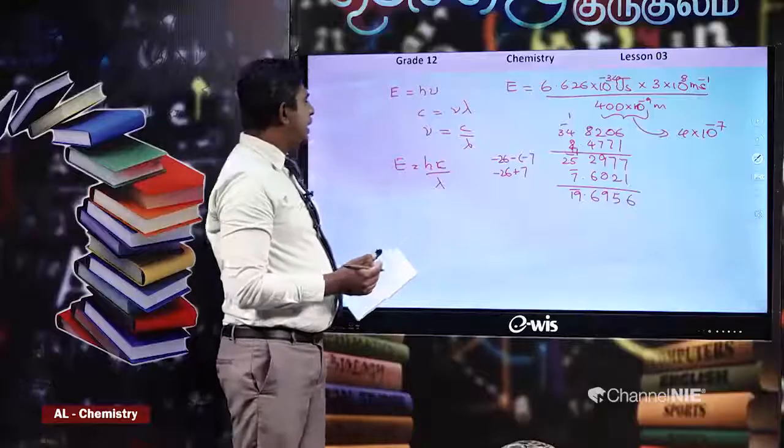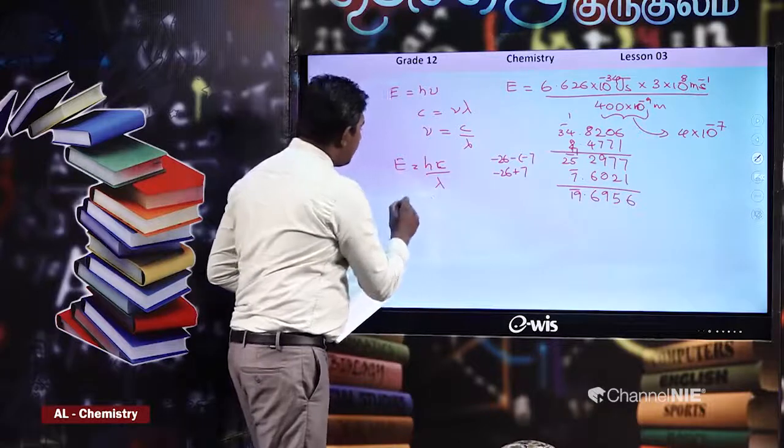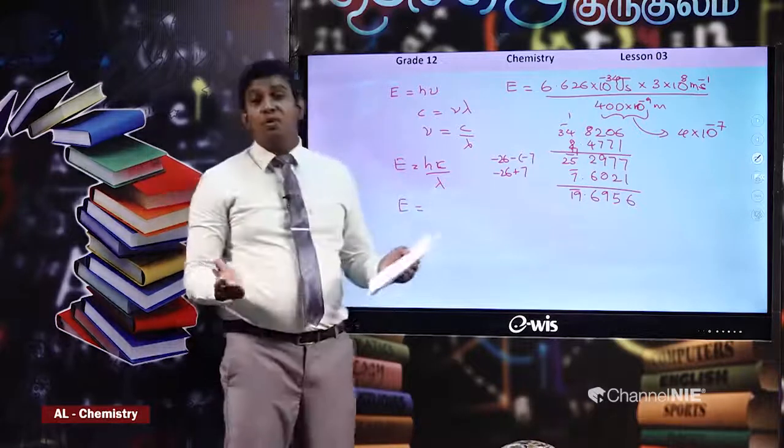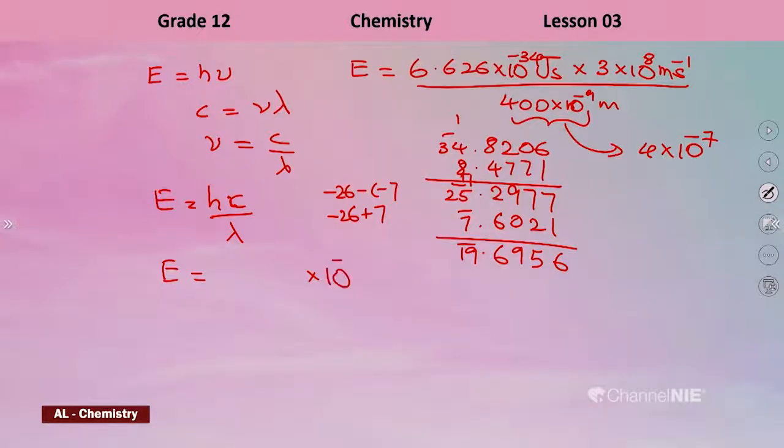So you could find the antilog value. The antilog value of that gives you the energy of one photon there. Okay, so let's find the antilog. It's 10 to the power minus 19 anyway, in joules.